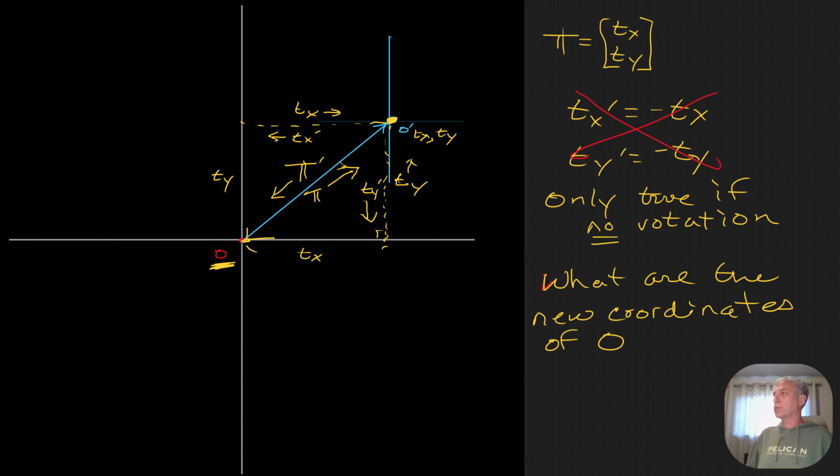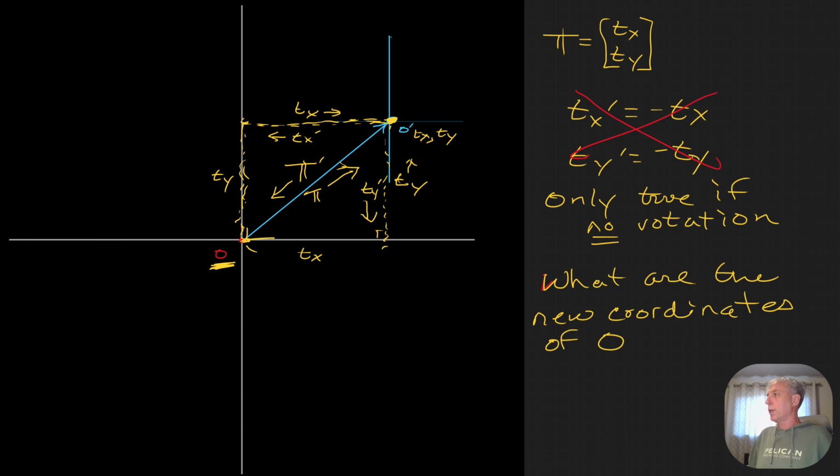What are the coordinates of that? Well, remember, O prime, once we performed our translation, is at 0, 0. So to get from O prime to O, we have to go t prime of x and then t prime of y.